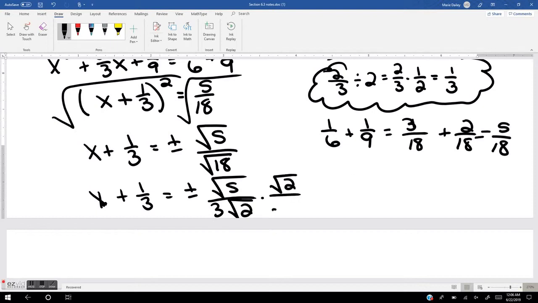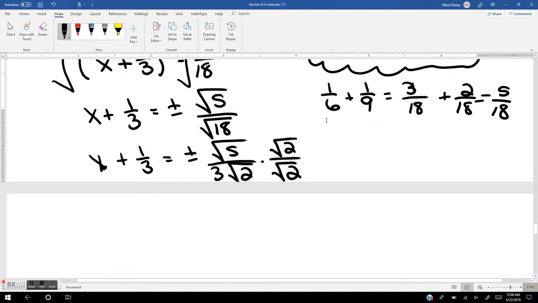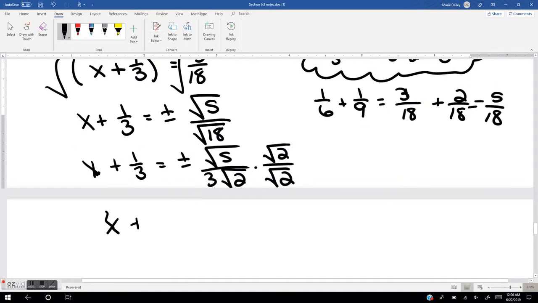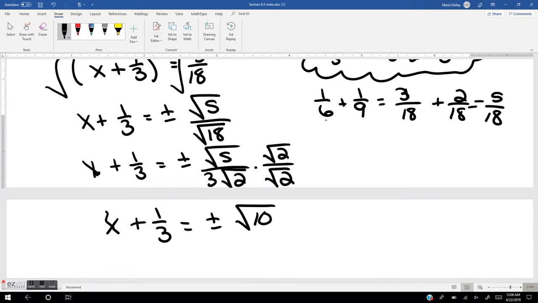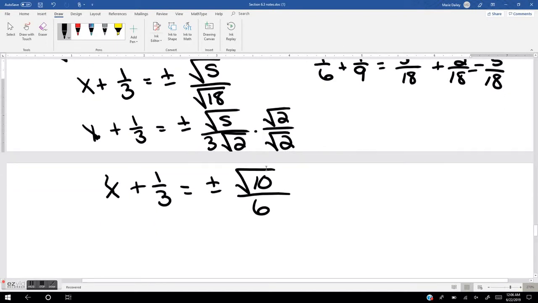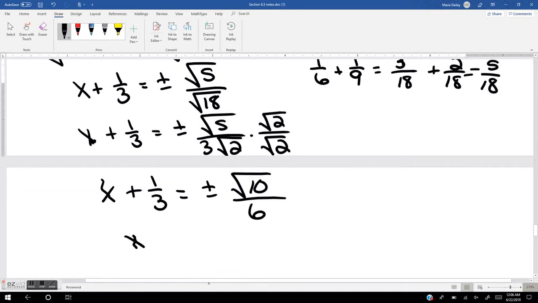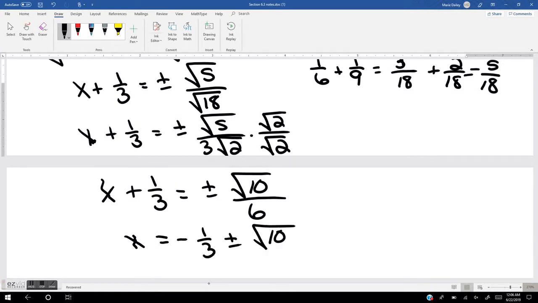And we can't leave a radical in the denominator, so we need to multiply top and bottom by the square root of 2. That is rationalizing. So I have x plus 1/3 equals plus or minus the square root of 10 over 6. And then, of course, subtracting the 1/3 over to the other side, it's a negative 1/3 plus or minus the square root of 10 over 6.